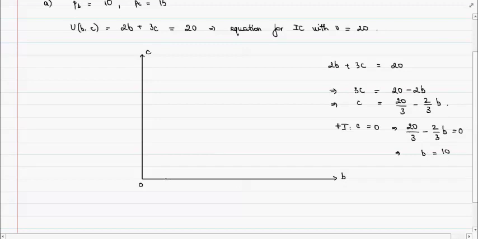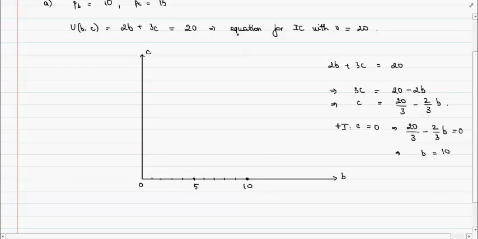So I put 10 on the horizontal axis: 1, 2, 3, 4, 5, 6, 7, 8, 9, 10.